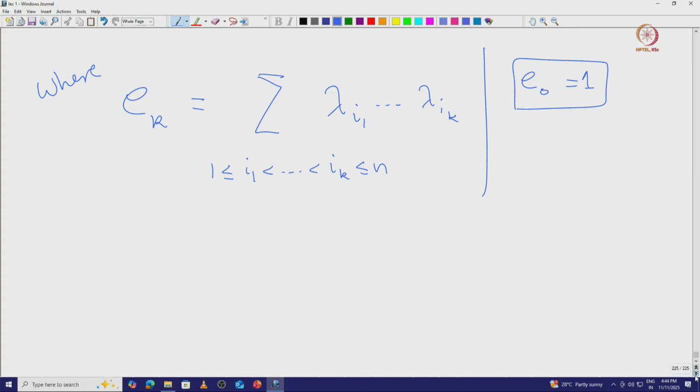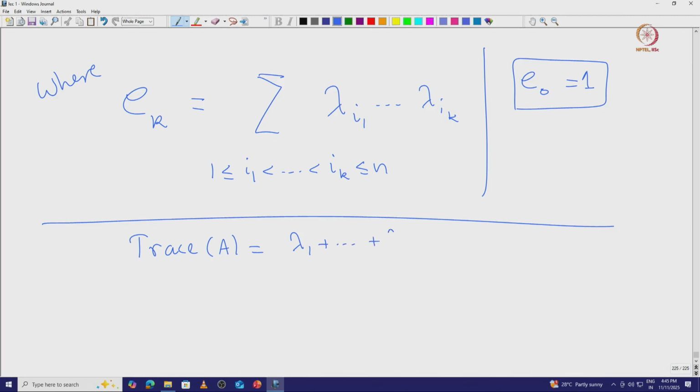But where the trace appears here, if you think about it, since A is diagonalizable, the trace of A is exactly lambda 1 plus etcetera plus lambda n. Similarly, if you take any power of A, since A is diagonalizable, the powers of A are also diagonalizable.